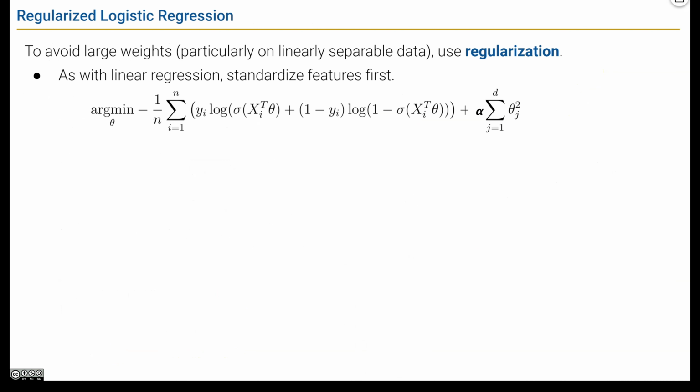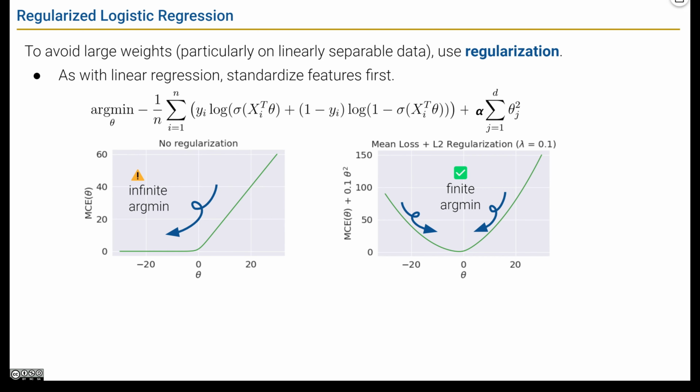So to avoid large weights, we use regularization. You will standardize the features first. And as I pointed out, the built-in one is L2, so that's why this is squared. This is alpha here. You're welcome to play around with it and look at L1. I'm just showing you visually how this works.